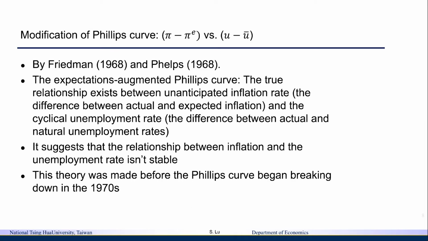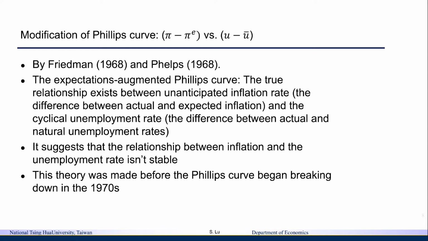So then later on, people questioned the existence of such a relationship. Freeman and Phillips are the researchers who, based on mathematical derivations, found that the negative relationship between the inflation rate and the unemployment rate in fact does not necessarily exist.